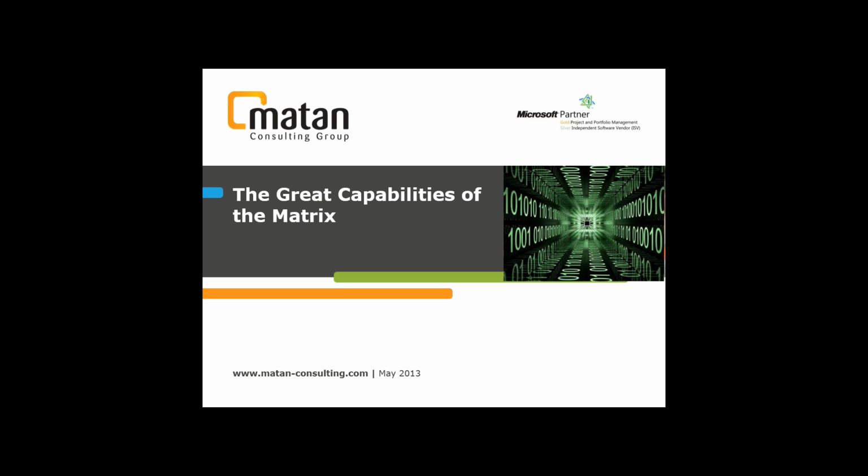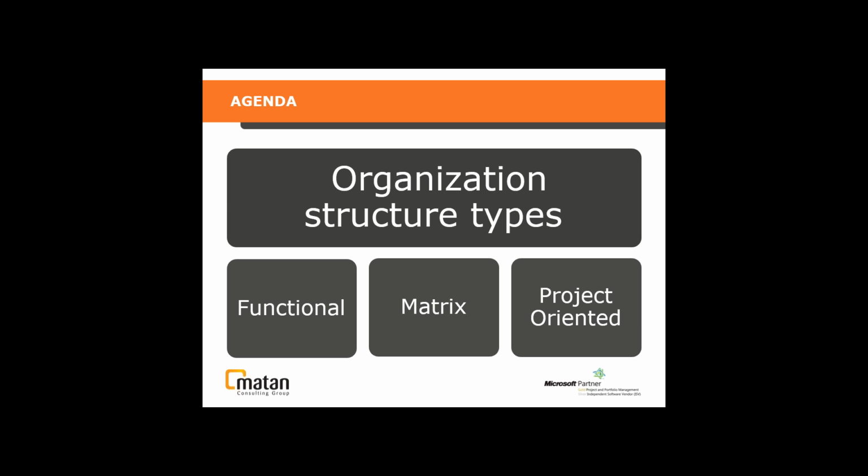So what we're going to be talking about today is the great capabilities of the matrix. And basically what I wanted to talk about is the different organizational structure types that we have in different organizations. Now, as a consultant, I go and I see many different organizations over the year, and I've been involved in dozens of implementations of Project Server here in Israel in large and small organizations.